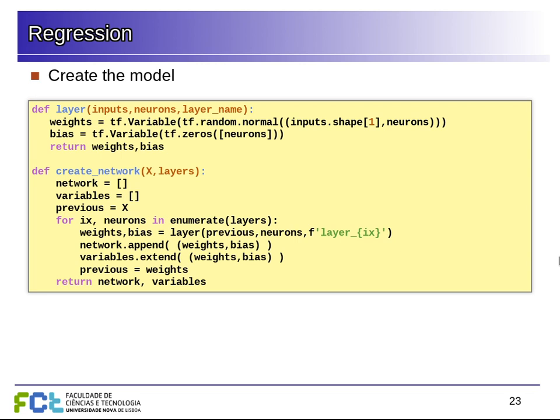We also now create a function to stack a sequence of layers and create the whole method. So basically what we need is a list with the number of neurons for each layer that describes the set of layers. And now we start from the input matrix, which is this X, and now we go through all the layers and create a new layer that takes what came out of the previous layer and puts it into this number of neurons.